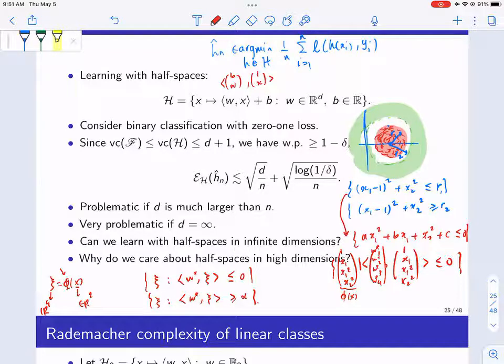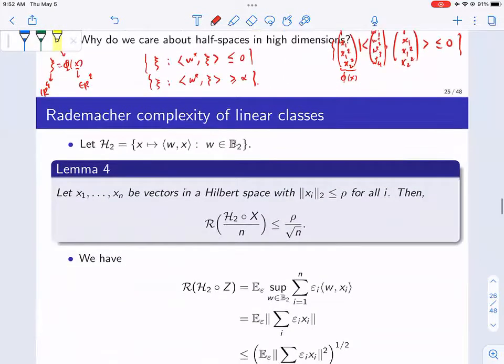So if you augment your features with a feature of 1 and then augment the weights by this intercept, you get w in inner product with x. So you can simplify things a little bit. We're going to look at this class, and I'm going to restrict w to a ball of radius 2. This in itself is not restrictive, right?